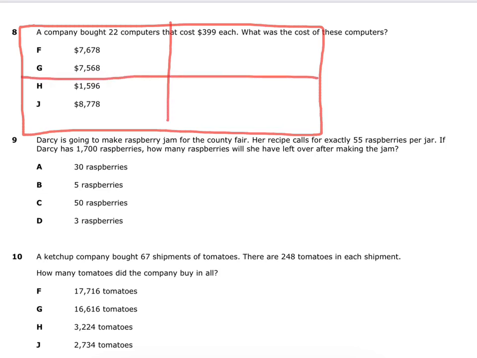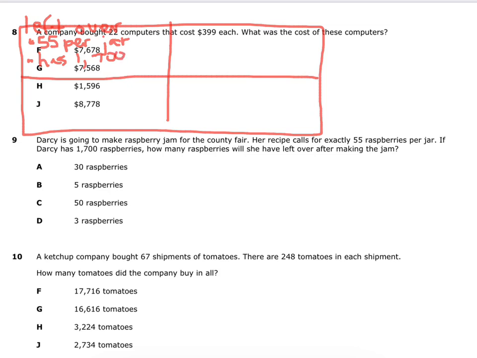They want to know the leftover. Okay, so I know that her recipe calls for 55 per jar. She has 1,700 raspberries.